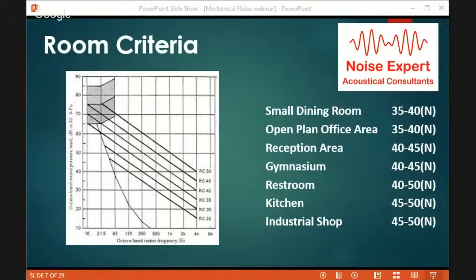Either the noise is hissy, rumbly, neutral, or tonal, or RV would be rumbly and vibration. So they want neutral to be the goal, but a lot of times you'll find when you plot, it could be hissy, could be rumbly. But those are the things you're looking at.